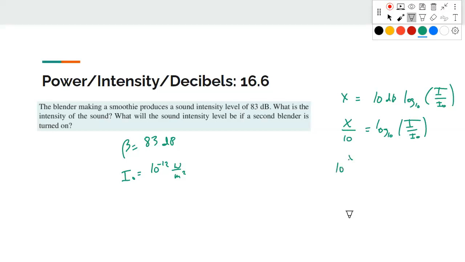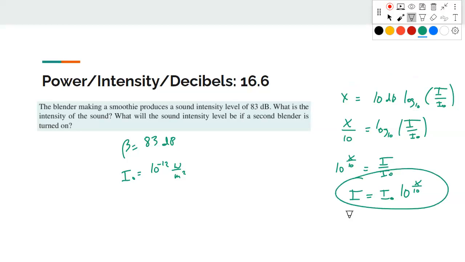So we'll get 10 to the X over 10 equals, and the 10 to the log base 10 will cancel, I over I naught. And so finally, this is a very important relation. On your formula sheet, I'll give you this one, but you'll likely have to get this result we're getting right now by yourself: 10 to the X over 10.